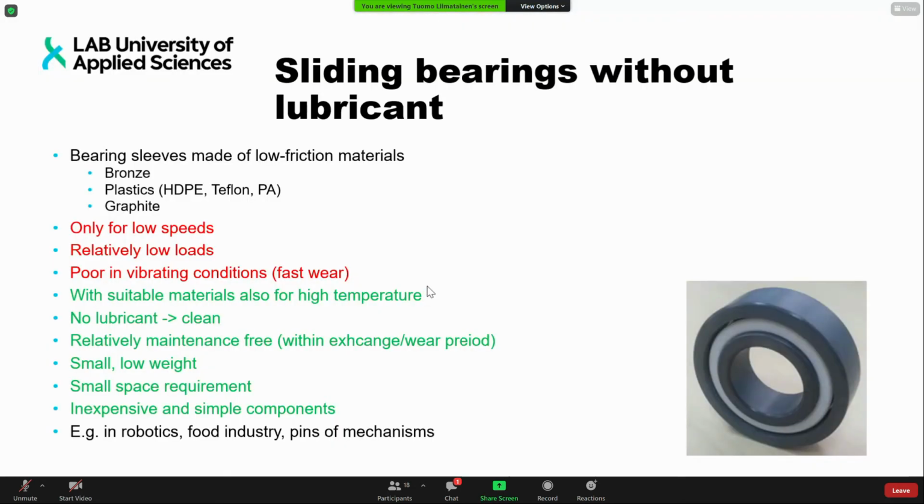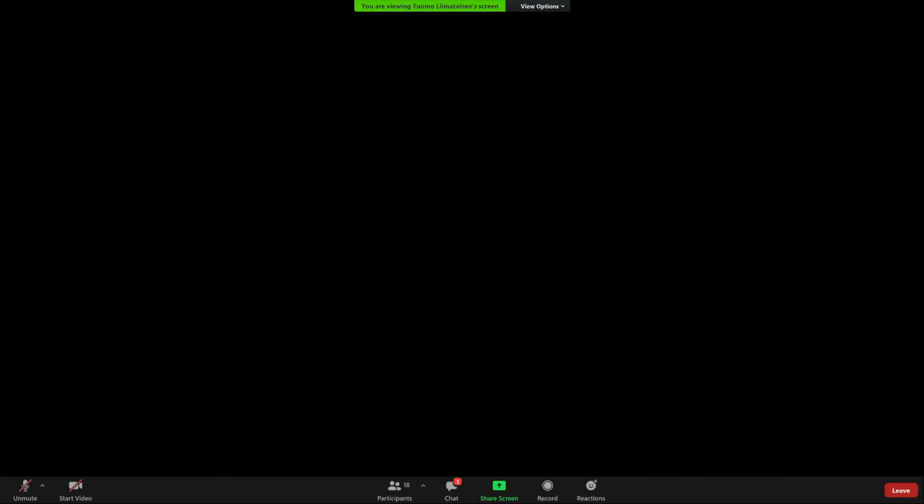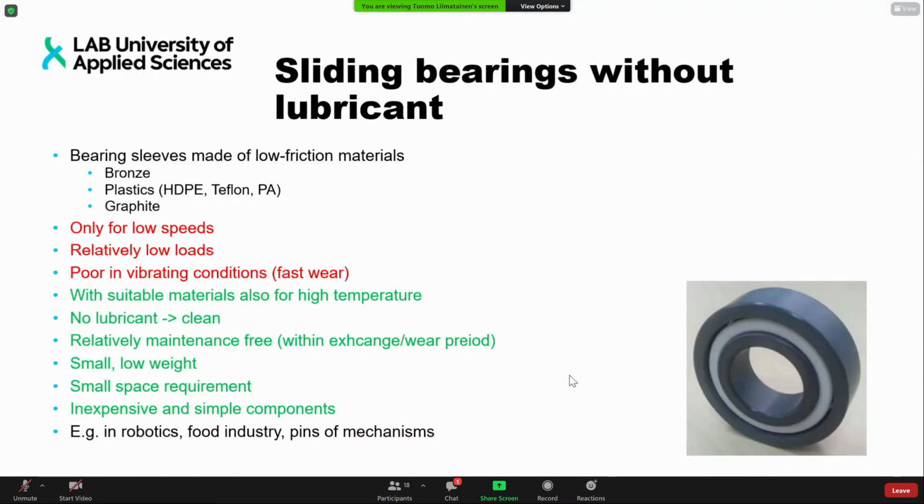If you have a pin joint or a hinge, for example, in some sort of packaging machine mechanism, usually the bearings in the pins are this kind of simple bearings because the loads are not that big and it doesn't rotate that fast. It just needs to provide the ability of the pin to rotate.